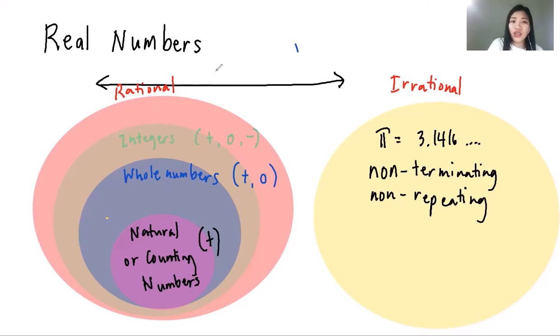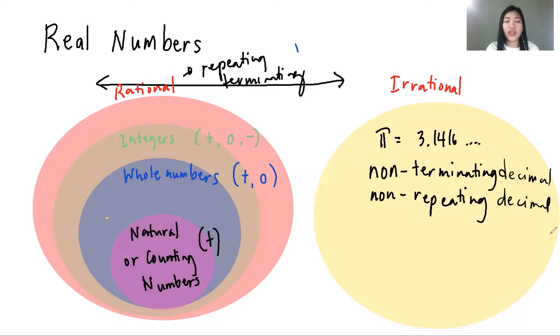The rationals, of course, are the repeating and the terminating numbers. Okay? So that's basically about the two kinds of real numbers, which are the rational and the irrational numbers.